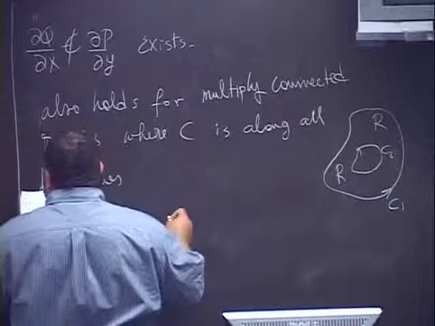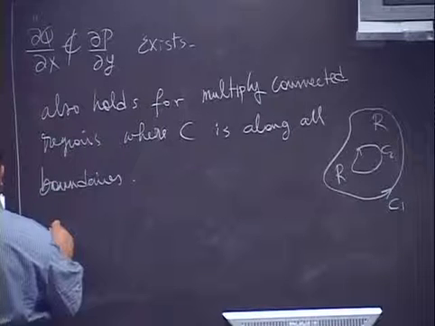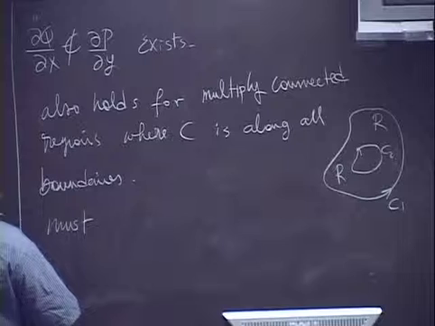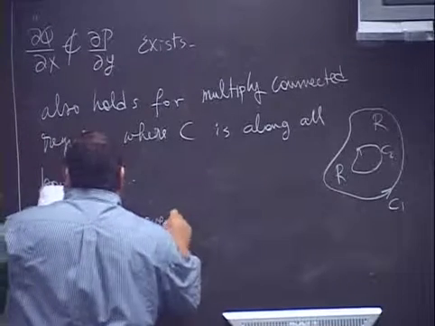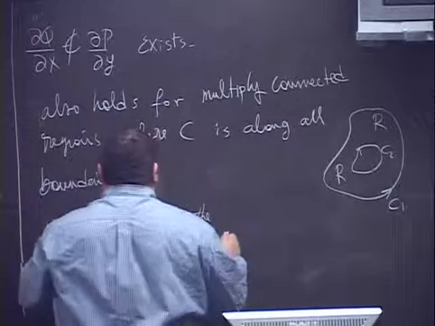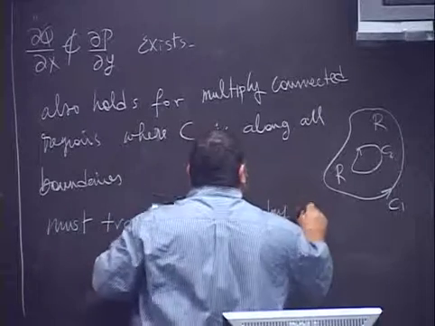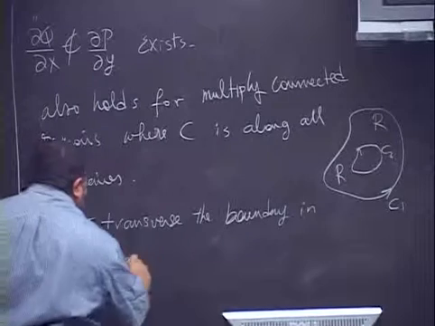And the most important thing is, when you do the closed integration, you must traverse the boundary in the positive sense, and I will tell you what we mean by positive sense.